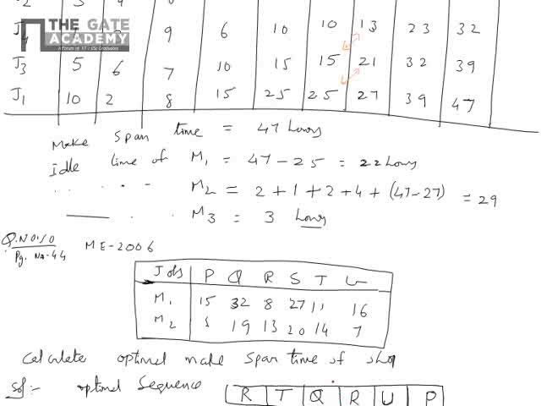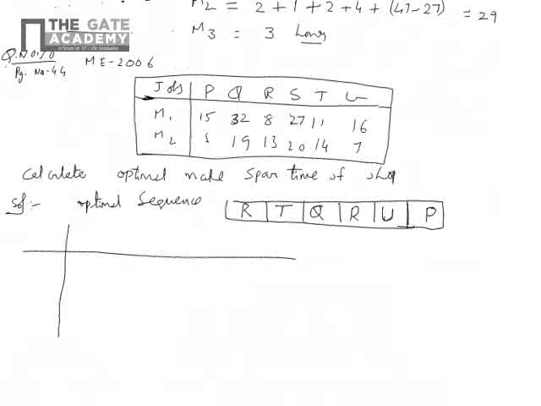So Q will come here. So that's the sequence we got. Now formulate the table: R, P, Q.